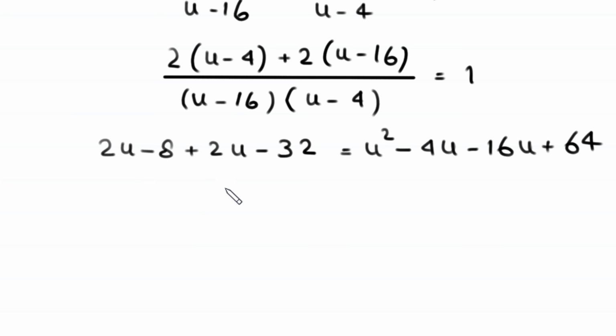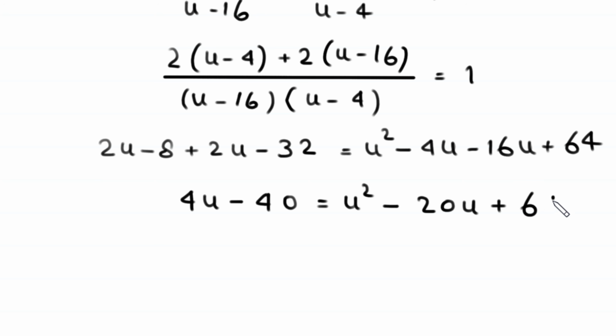Further simplifying, this will become 2u plus 2u is 4u, and negative 8 minus 32 is negative 40, equal to u squared, negative 4u minus 16u is negative 20u, plus 64. We subtract 4u and add 40 to both sides.